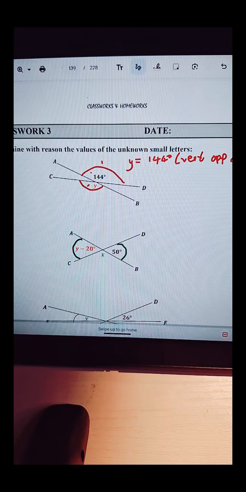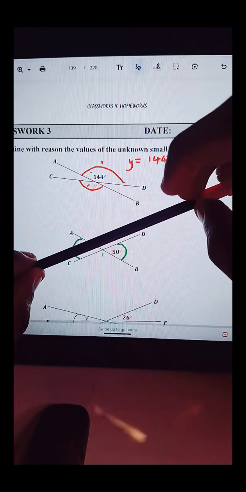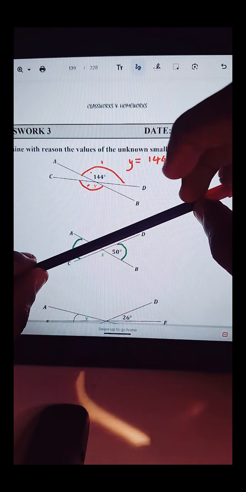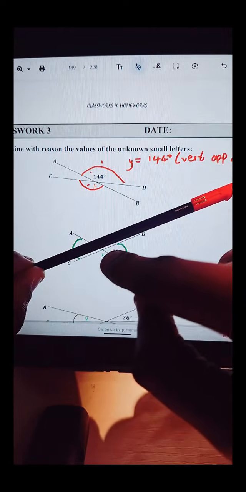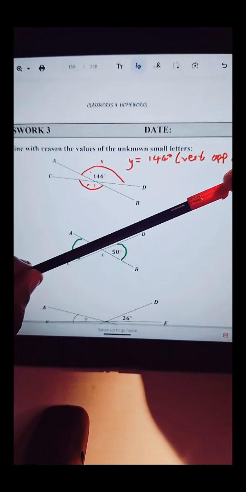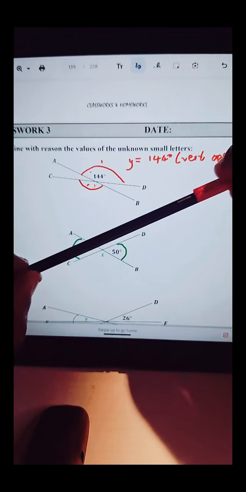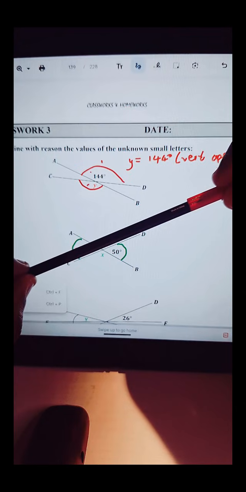Then Bendulo, I love how you are looking at x and 50. You are looking at the relationship of x and 50 and you are seeing angles on a straight line. Beautiful. So this x and this 50 together have a relationship of angles on a straight line. If you put this line here, line CD, who lies on line CD?